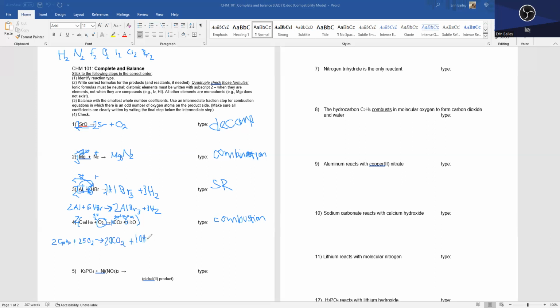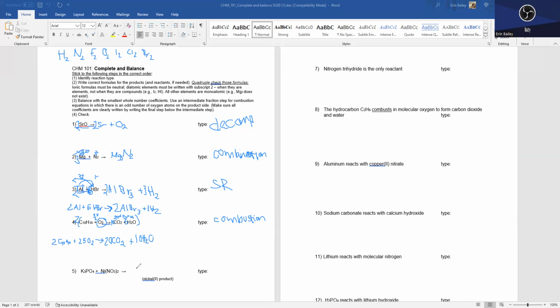And in order for this reaction to happen with these reactants, it's going to have 2 atoms of C10H10 plus 25 atoms of oxygen gas, which will then produce 20 atoms of carbon dioxide and 10 atoms of water.